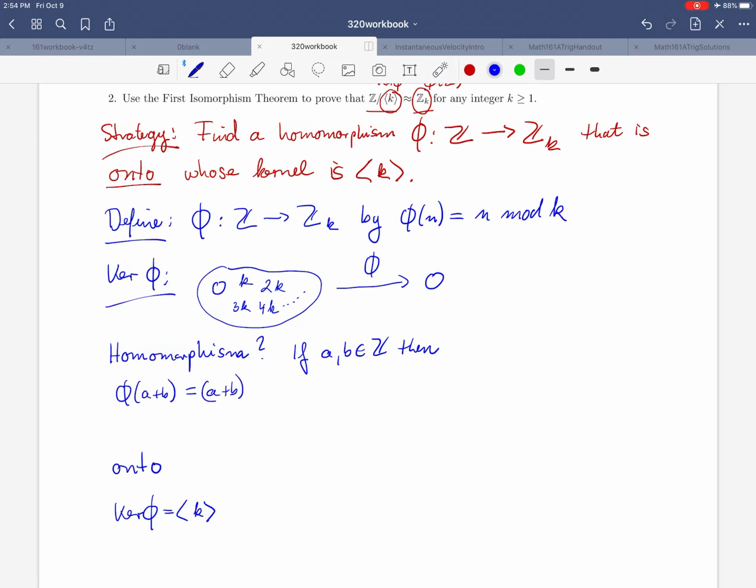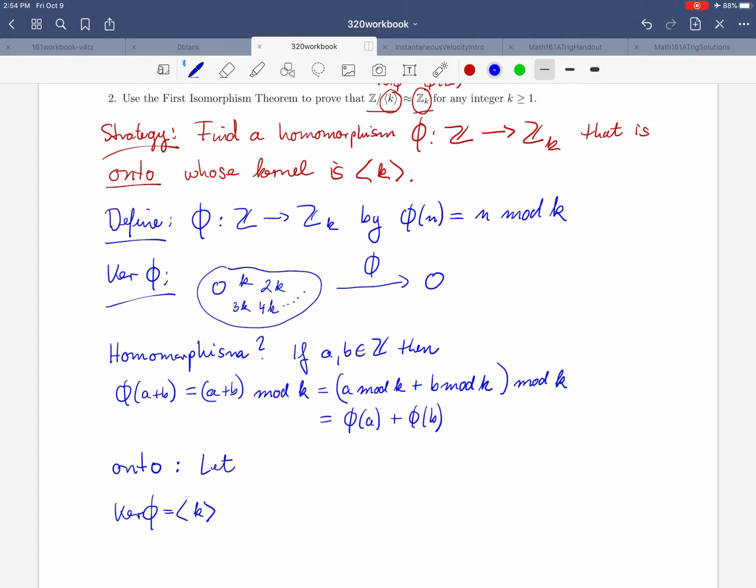That's equal to A plus B mod K, which is equal to A mod K plus B mod K, the whole thing again mod K. But that is exactly phi of A plus phi of B. And so, yep, our operation is preserved under the homomorphism. So it's a homomorphism.